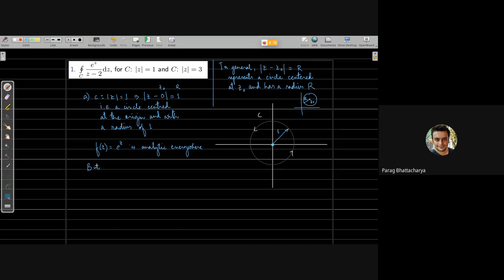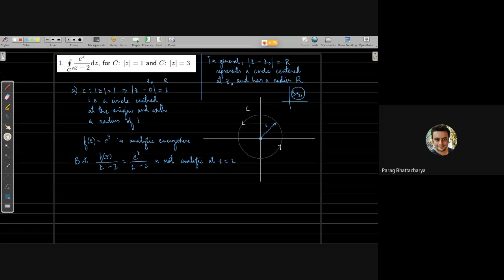But f of z divided by z minus 2, which is e to the power z by z minus 2, is not analytic at z naught equals 2, because if I put z equals 2 here, 2 minus 2 is going to give us an undefined result.